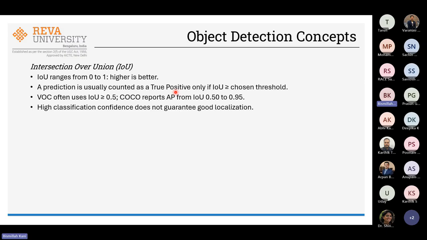We need the true positives, false positives, false negatives and true negatives. The accuracy is mostly TP, true positives, plus true negatives, divided by the entire data.